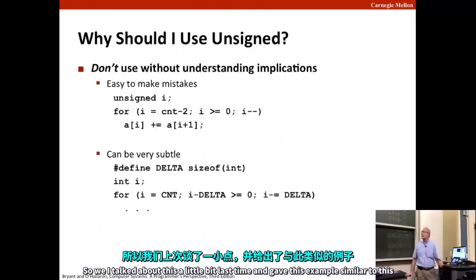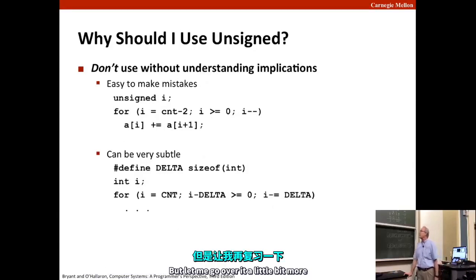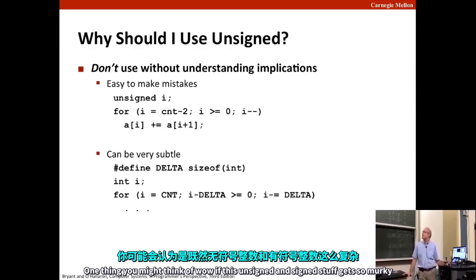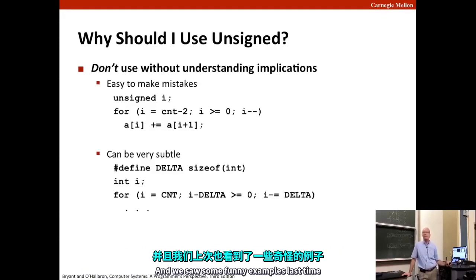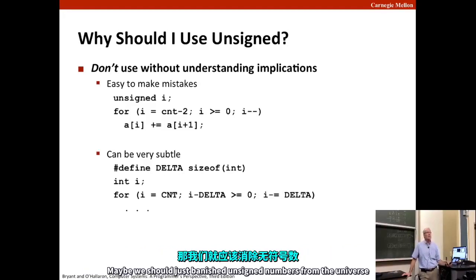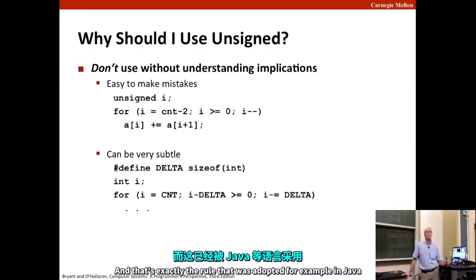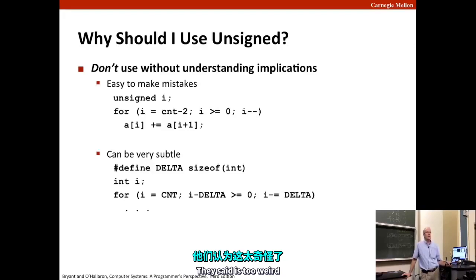So I talked about this a little bit last time and gave an example similar to this, but let me go over it a little bit more. One thing you might think of, wow, if this unsigned and signed stuff gets so murky, and we saw some funny examples last time, maybe we should just banish unsigned numbers from the universe and only allow 2's complement. And that's exactly the rule that was adopted, for example, in Java. They said, oh, this is too weird.